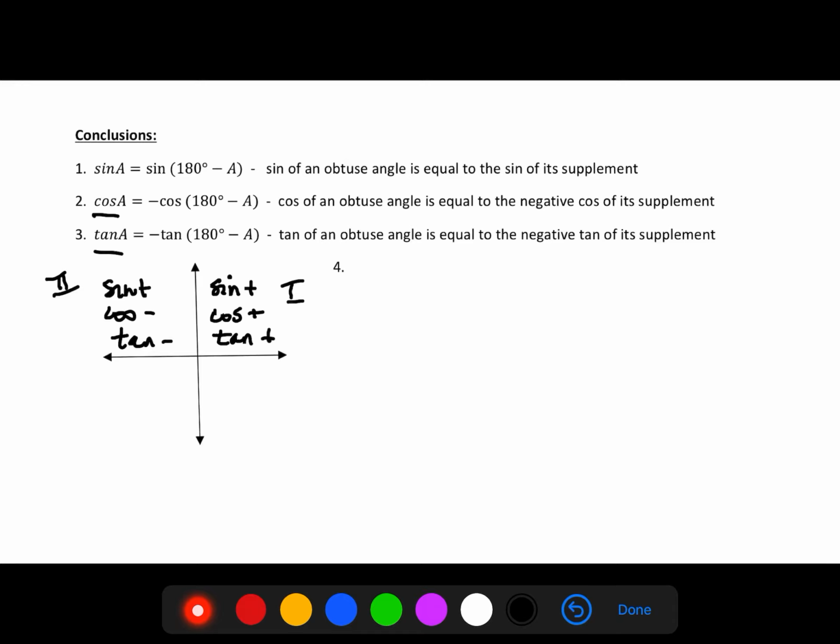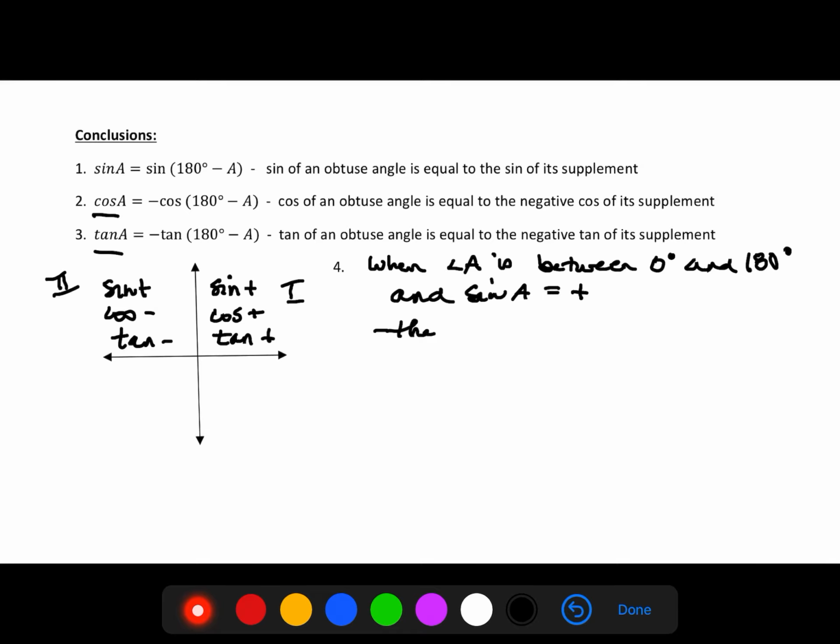So the fourth point we want to say here is when angle A is between 0 degrees and 180 degrees, and sine A is a positive value, that tells us that there are two solutions for that sine.